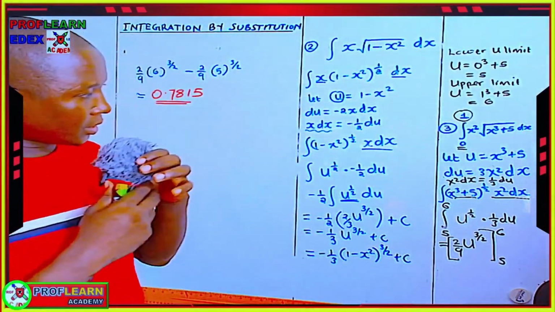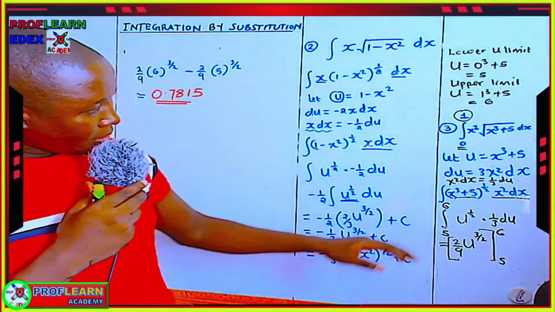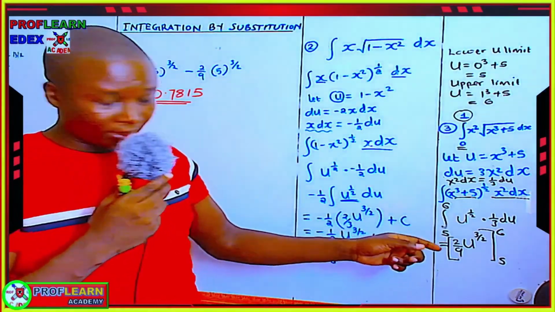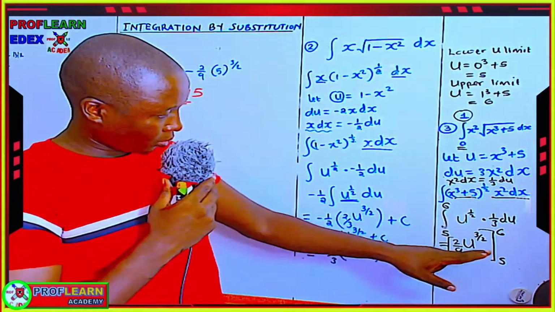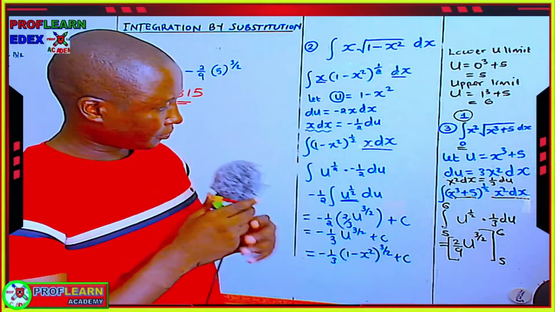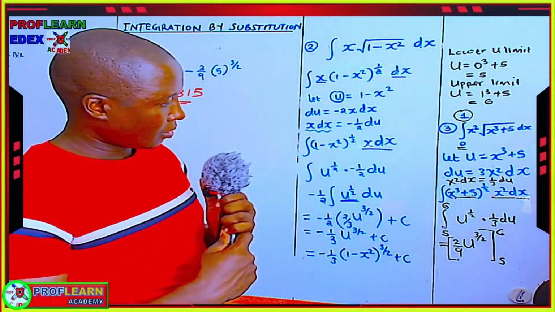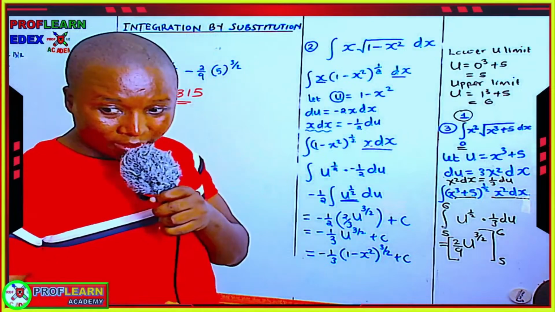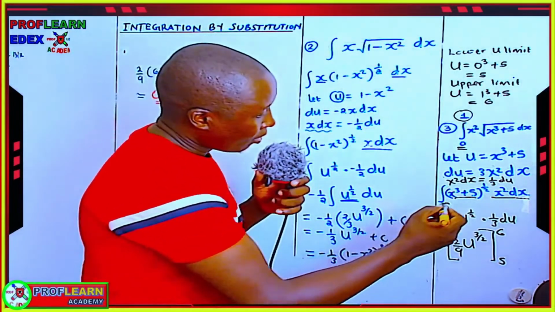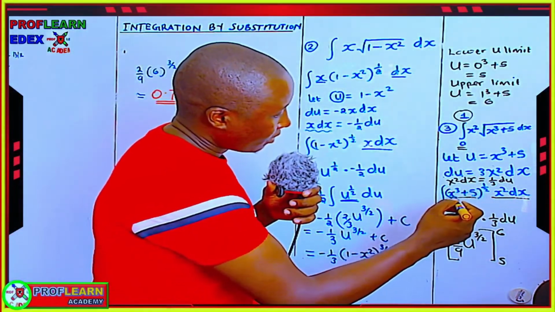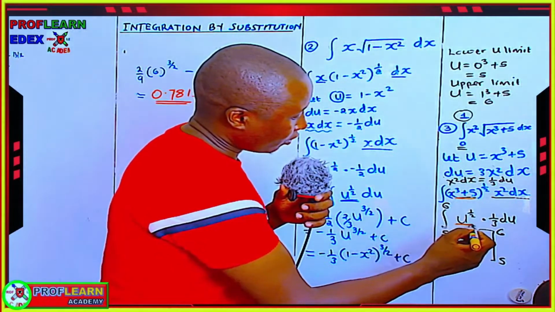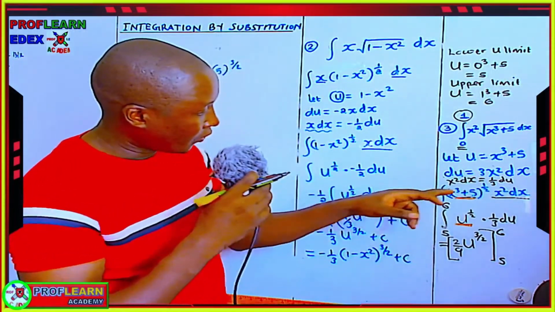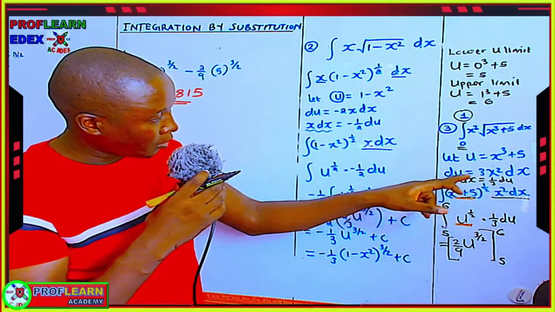Okay, the next part that we need to focus on, once you've integrated this part to get this one, is the substitution. Once you have substituted the value of u, x squared dx is obtained from here.